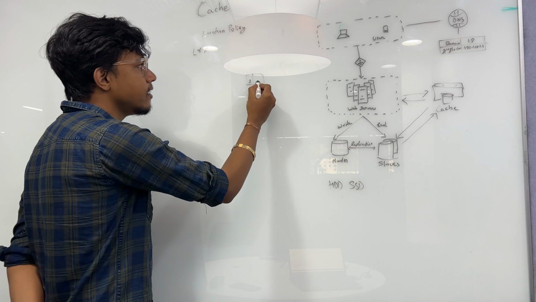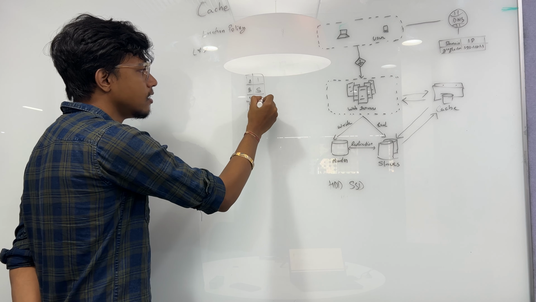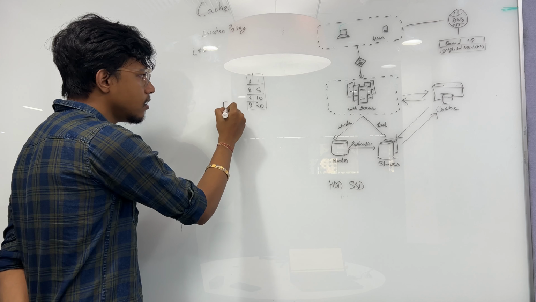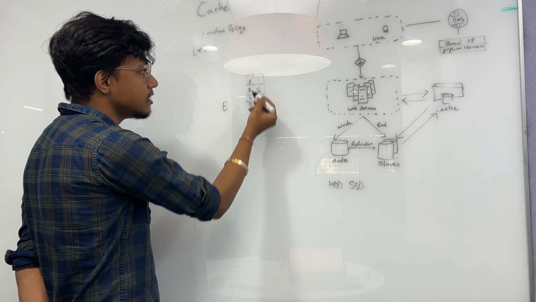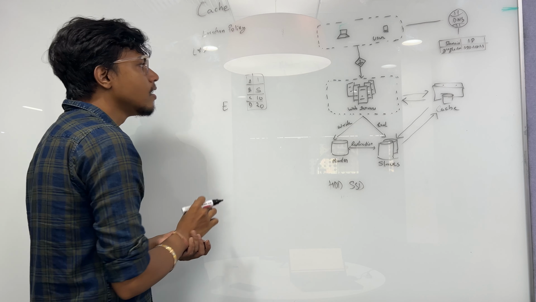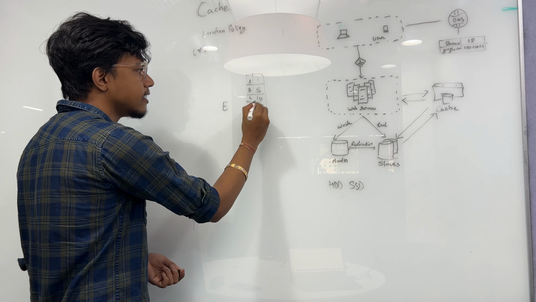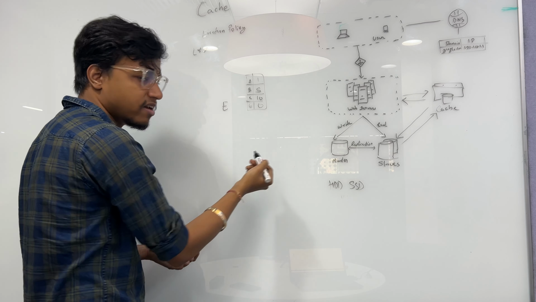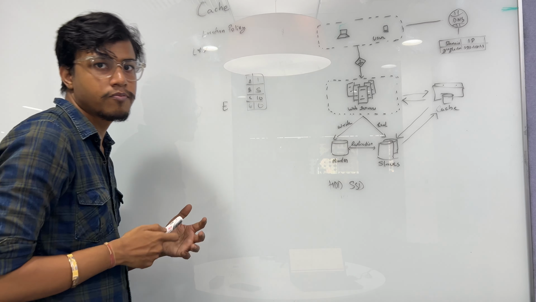For example, A was used 1 second ago, B was used 5 seconds ago, C was 10, and D was 20. Now a new data item, E, came, and we have to decide which one of these to evict. D has definitely not been used for a very long time compared to the other data items. So D will be evicted and E will take its place, with a new timestamp. So generally, we should think about eviction policy.